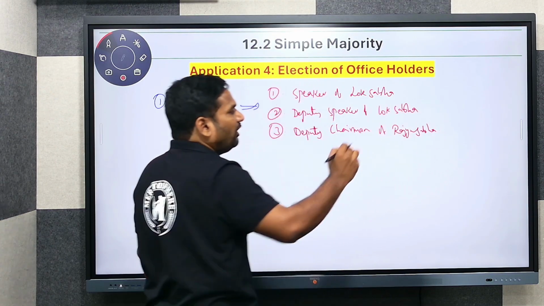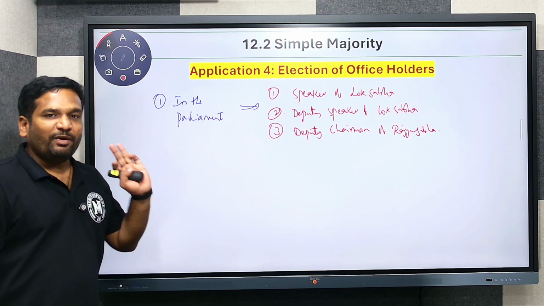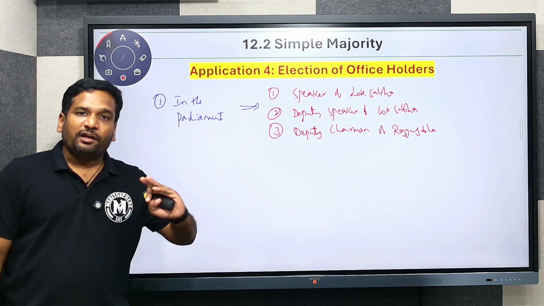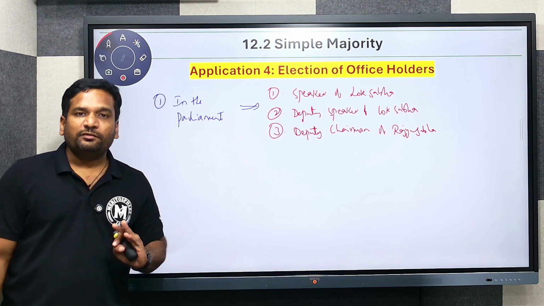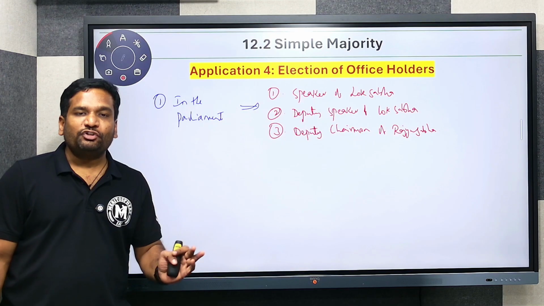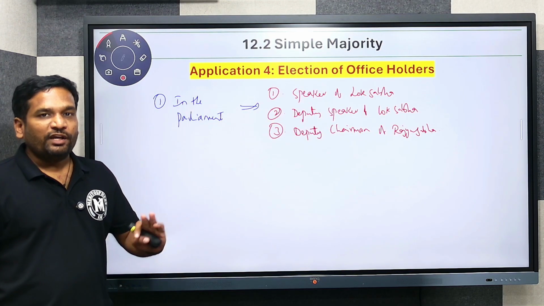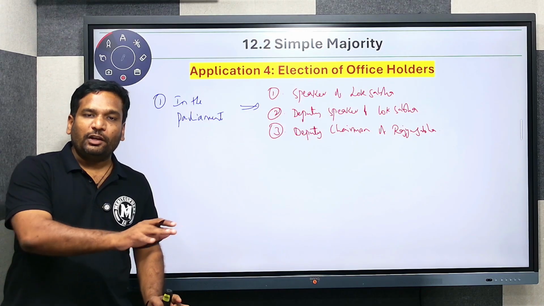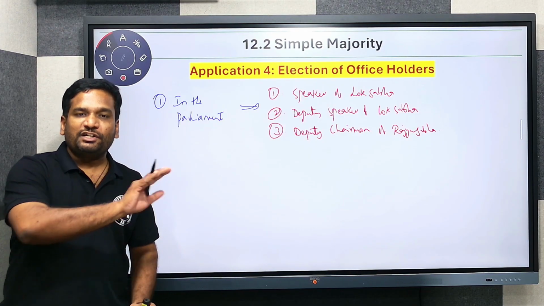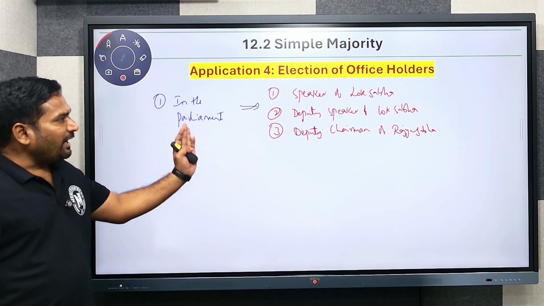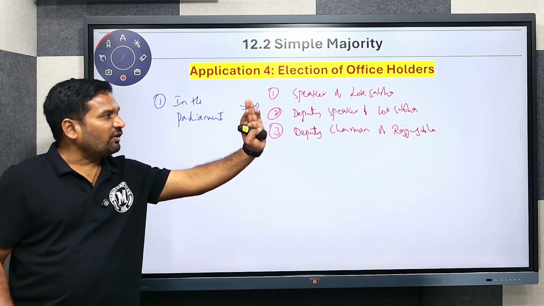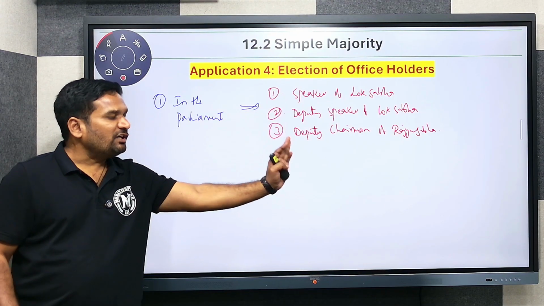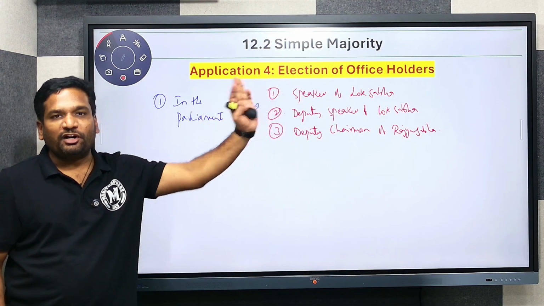Don't ask me why I did not include the Chairman of Rajya Sabha, because the Chairman of Rajya Sabha is none other than the Vice President of India. So the Vice President of India is the ex officio Chairman of Rajya Sabha. So his election is different. We will be getting into that whenever we are dealing with the Vice President chapter. So in the Parliament, for the election of Speaker of Lok Sabha, Deputy Speaker of Lok Sabha, and Deputy Chairman of Rajya Sabha, the simple majority is used.